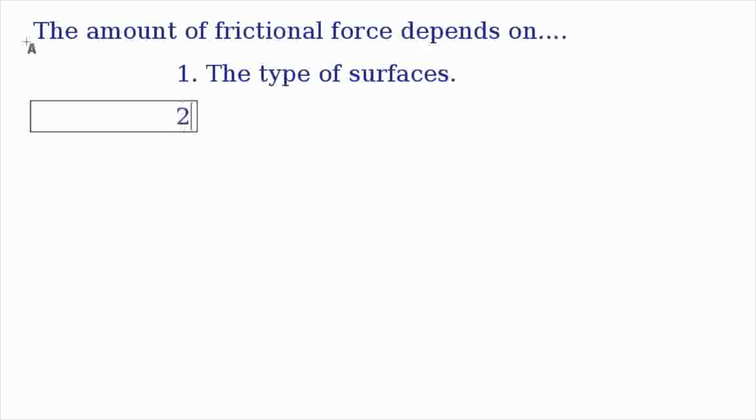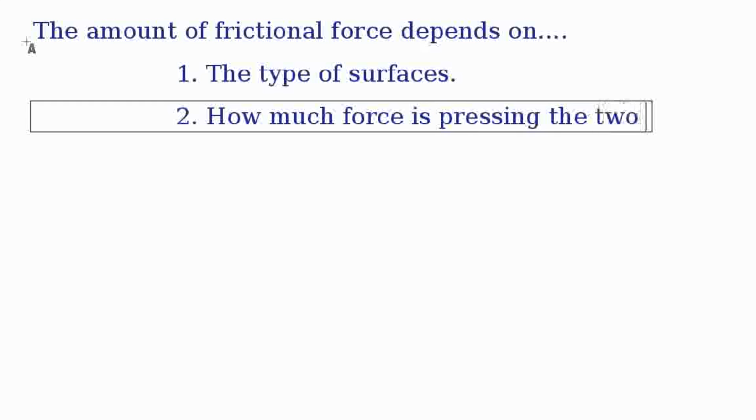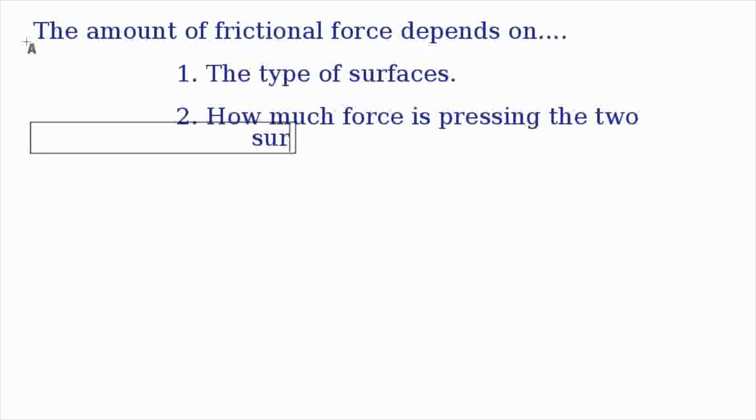Clearly if you're trying to drag a couch across a piece of sandpaper, that's going to be harder than trying to drag it across a frozen lake. So the surfaces matter. And it also depends on how much force is pressing the 2 surfaces together.